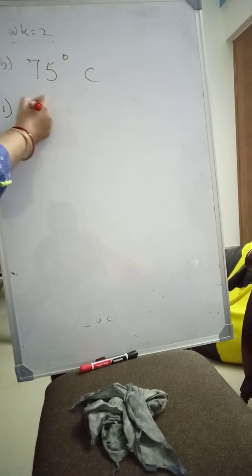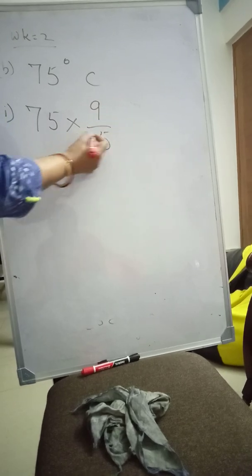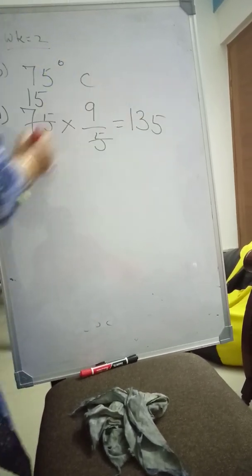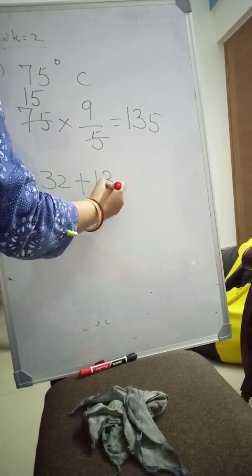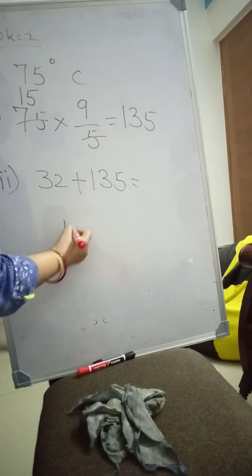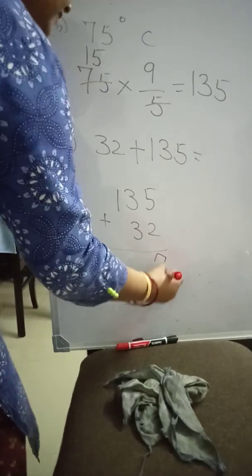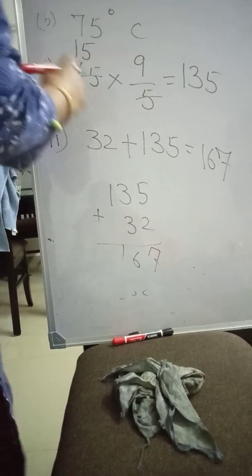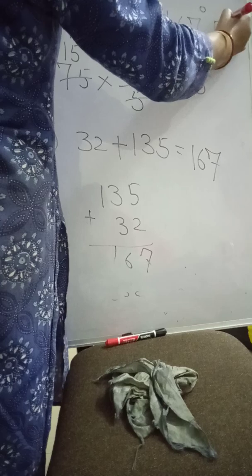First step, multiply this 75 with 9 by 5. Divide it, 15 5s are 75, and 15 9s are 135. Second step, add 32 to 135. 5 plus 2 is 7, 3 plus 3 is 6, and 1. So the answer is 167. So 75 degree centigrade is equal to 167 degree Fahrenheit.